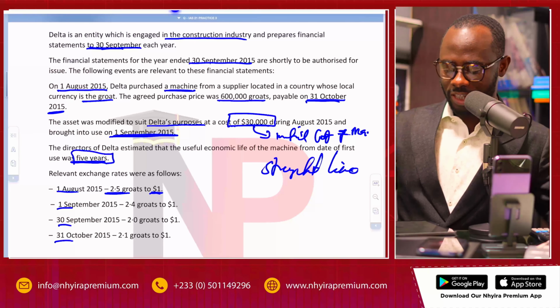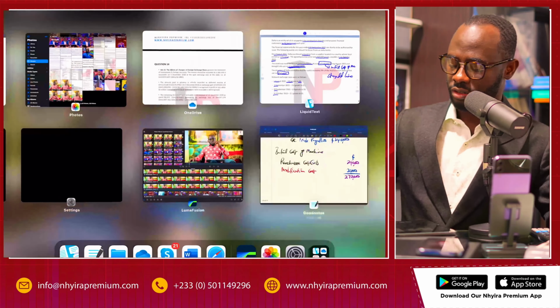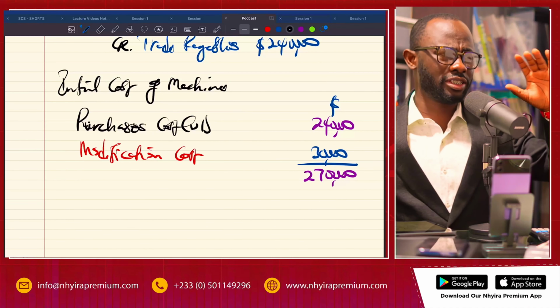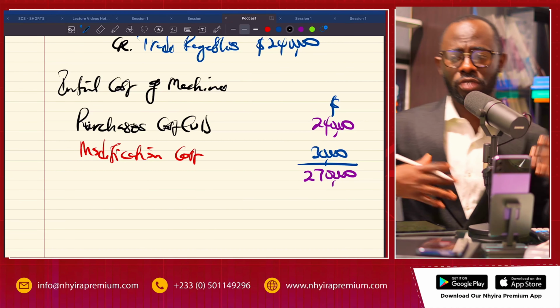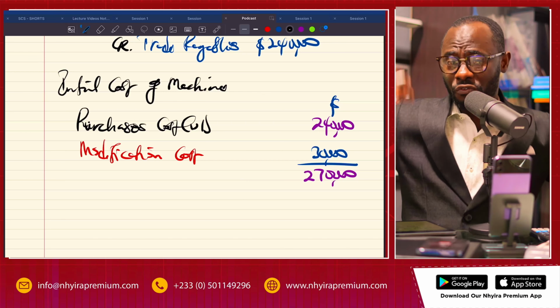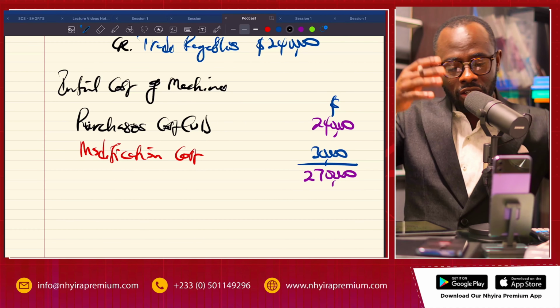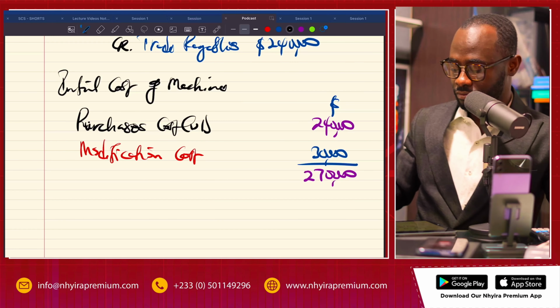Now, stay with me. They said the asset was brought into use on 1st September 2015. So although they bought it on 1st August, because of the modification and all that, the asset was ready for use on 1st September 2015. So if anything, we'll start charging depreciation from that date.